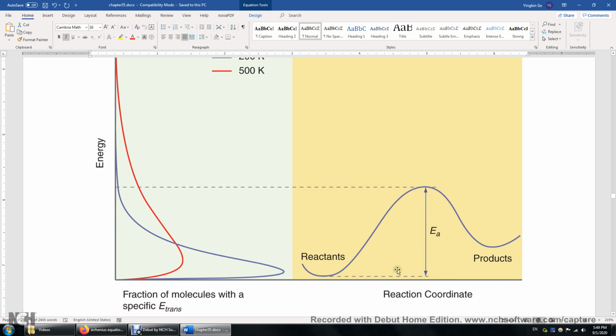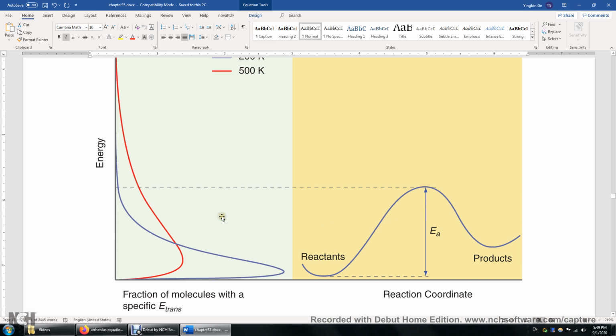Now let's say reactants collide with each other, but they also have to overcome this activation energy or reaction barrier, this much. If you look at the 200 K situation, only a very small percentage of the reactants have enough energy. So this much under the blue curve can overcome this energy barrier.